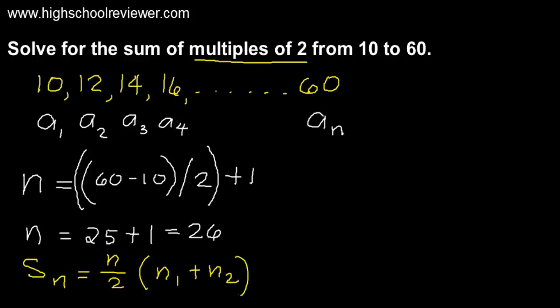But we now know the value of n, so instead of n, this will now be S sub 26 equals our n, 26 divided by 2, multiplied by a sub 1 plus a sub n.